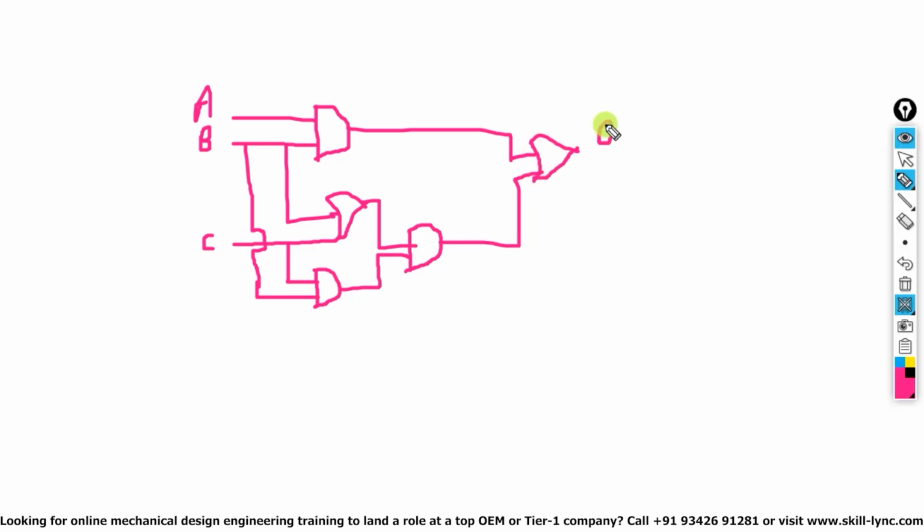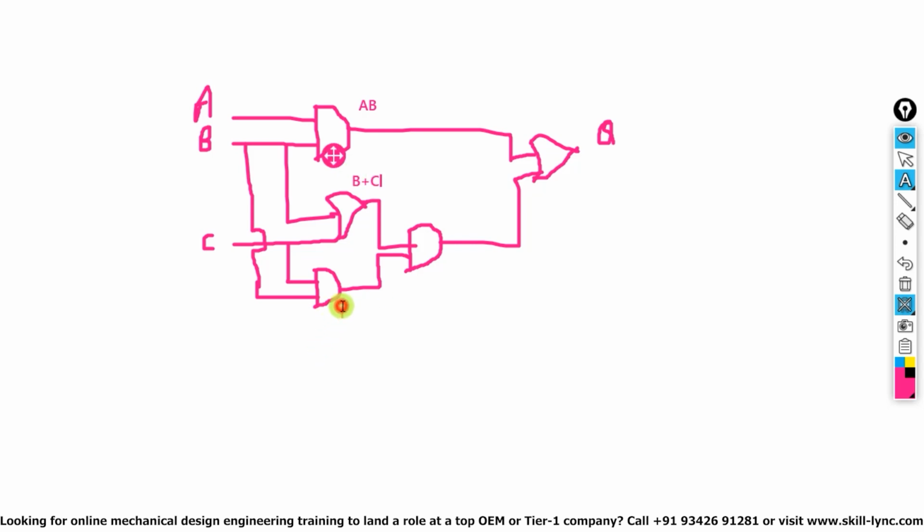This is, for example, Q. Now you have to write a Boolean expression of this circuit. For the Boolean expression of the circuit, first of all you have to solve it. Because it is an AND gate, A and B are the inputs, so AB here. The OR is B plus C here.